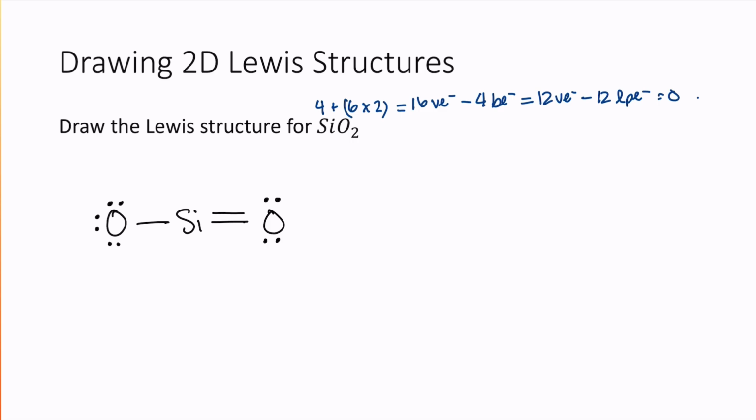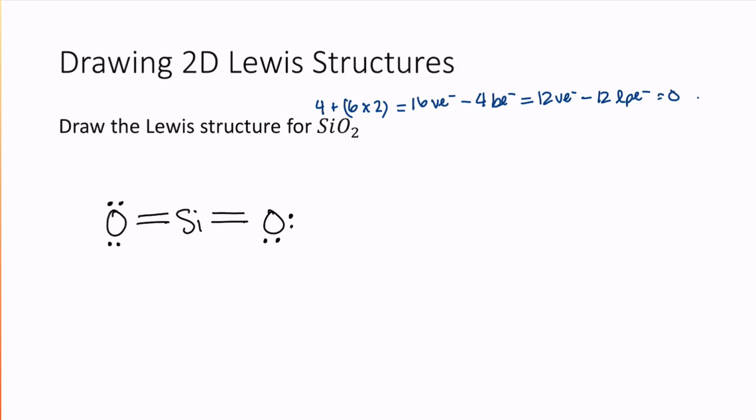I can do the same thing on the other side. Take that lone pair, make a double bond, and now I have fulfilled the octet rule for all of my atoms in my Lewis structure. So this would be the correct Lewis structure. It does not matter to me how you write your lone pairs. You can have them here. That's just fine.